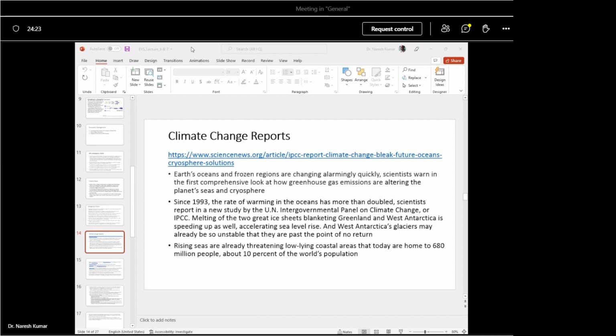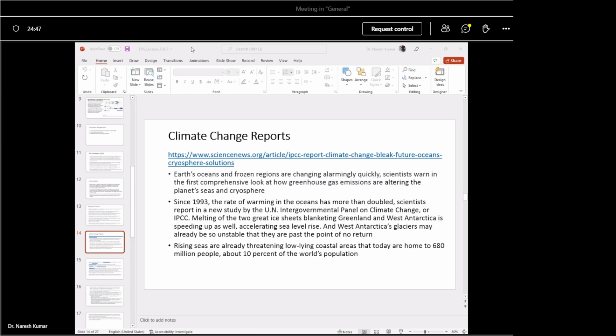Weather is something we feel on a daily basis. Climate is over a long period of time, several decades. As Ankit said, it is an average which we take over several decades, and whenever there is any deviation from that, either high or low, that's what we call changing climate.